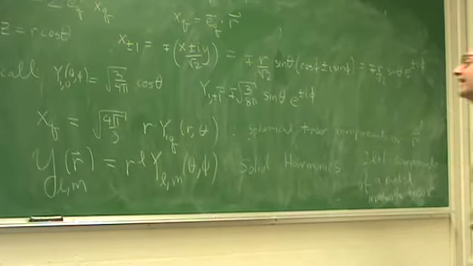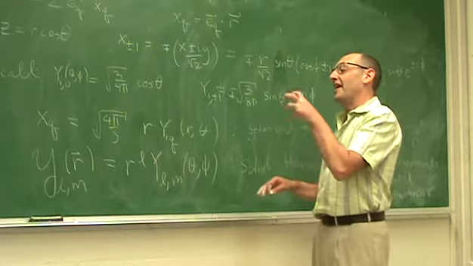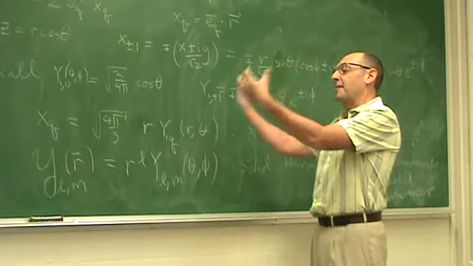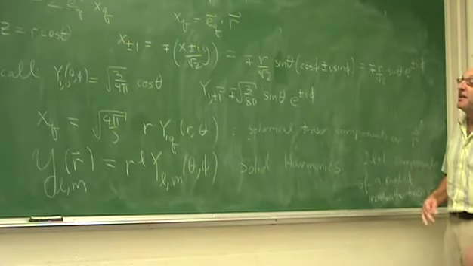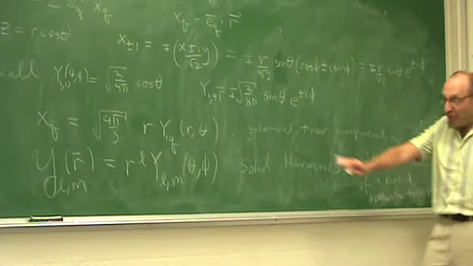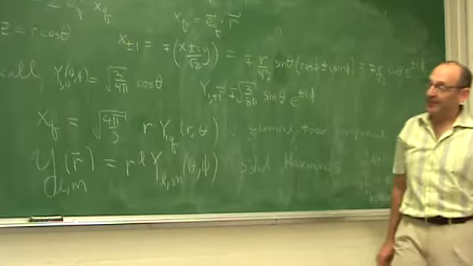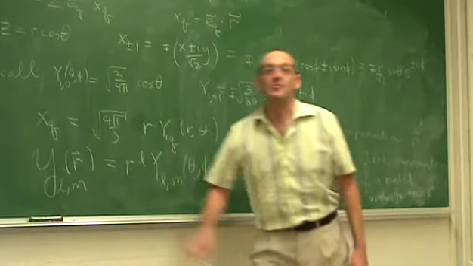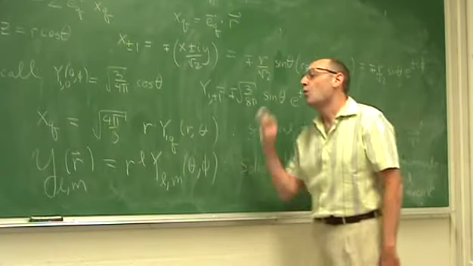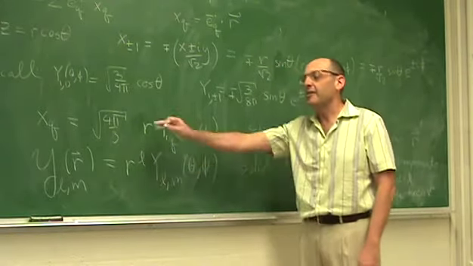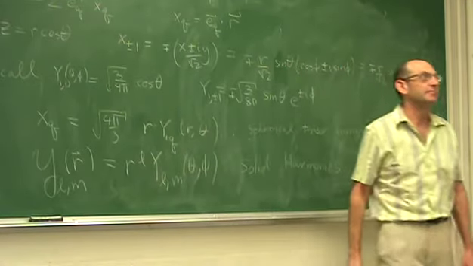For example, if I look at the symmetric traceless matrix with its 5 objects, those 5 objects are the 5 different Y_2m's. Those are the objects which rotate into themselves under a rotation.